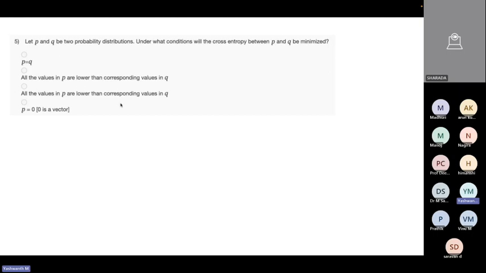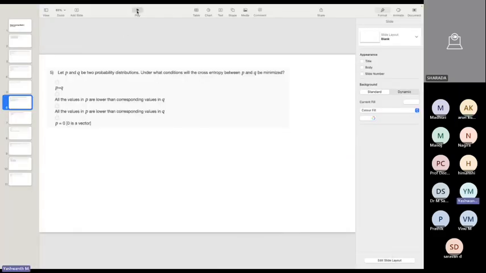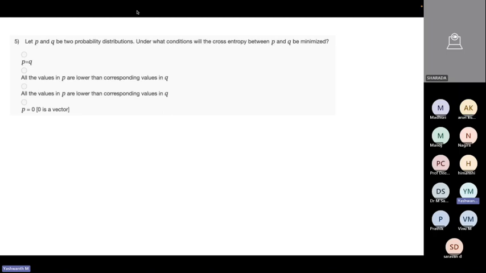This will be minimized when P is equal to Q. When the two distributions are equal, it is minimized.